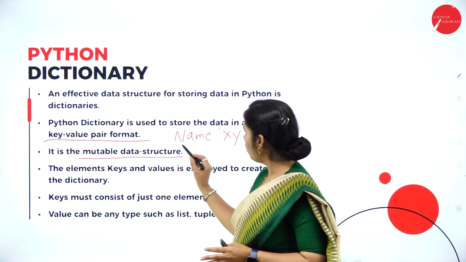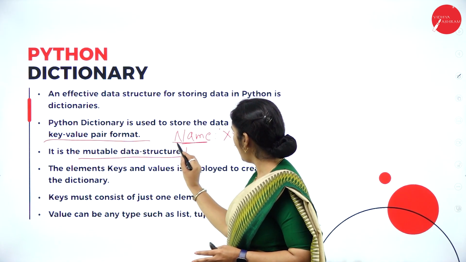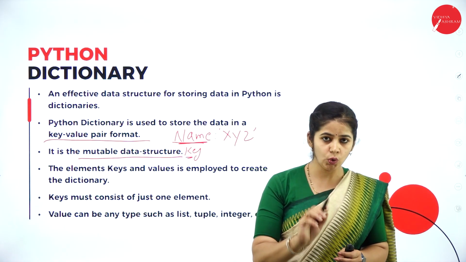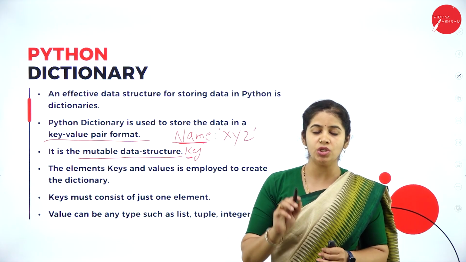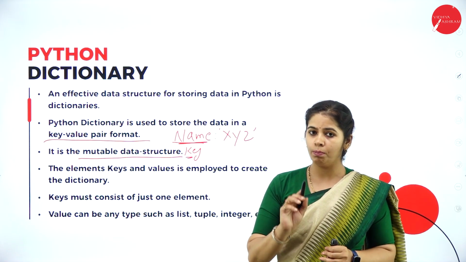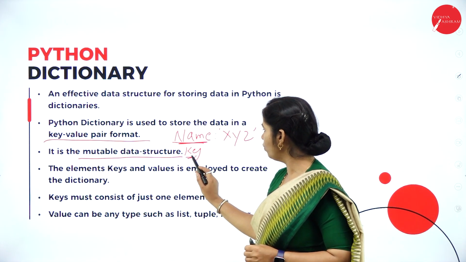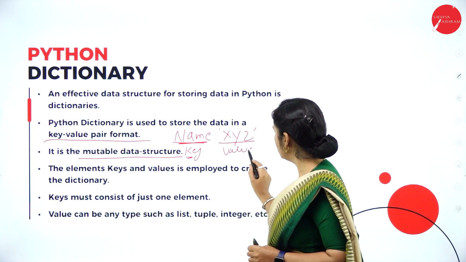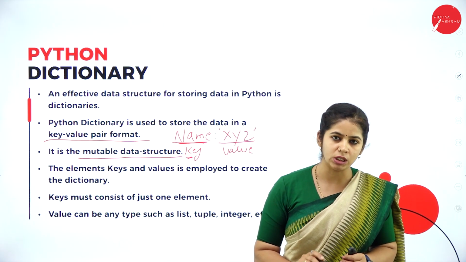Why? Because whatever we are saying as a key should always be unique and it should not change its value. Key should be unique and this is immutable. Where we come to the value, you can change the value at any point in time.